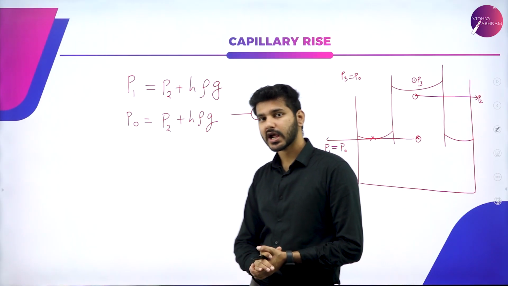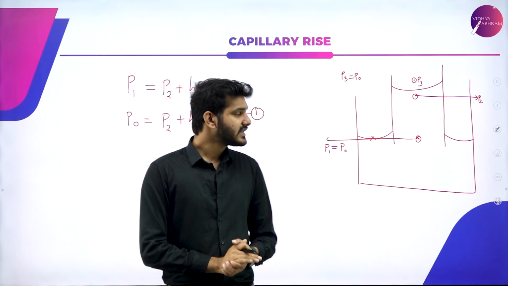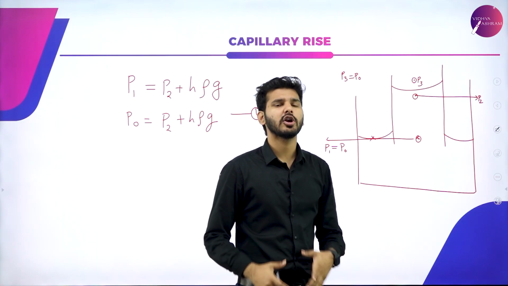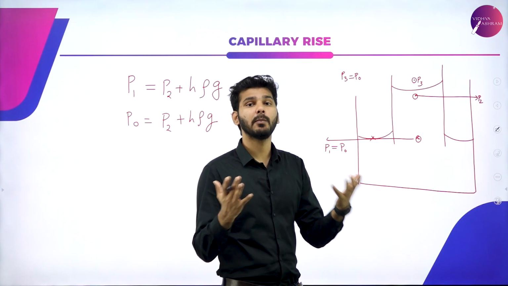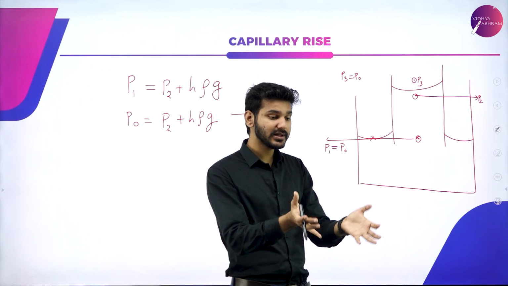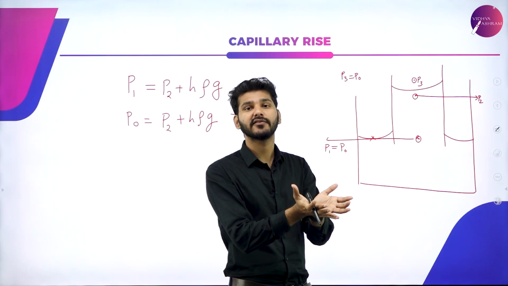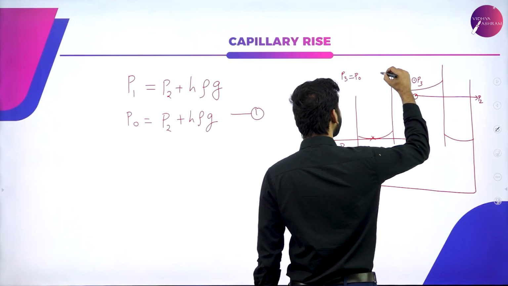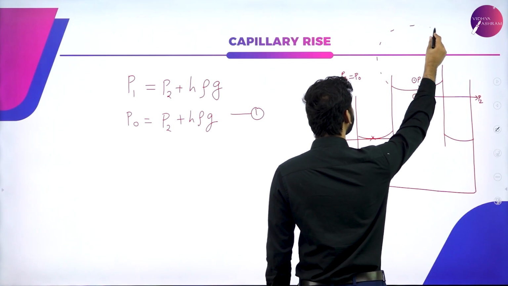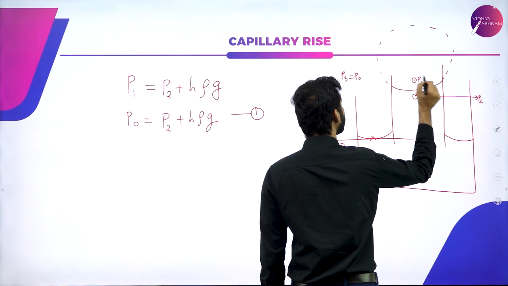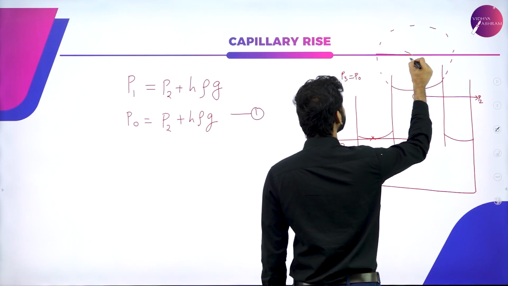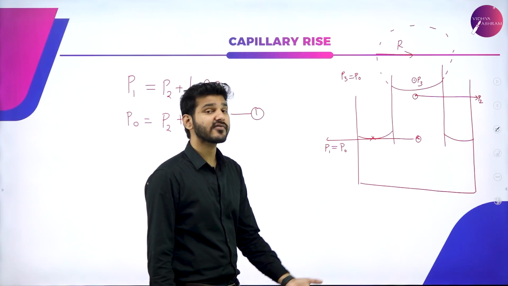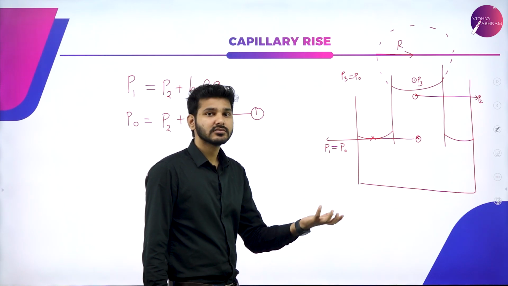Now, from here I am going to assume something. See this particular dip shape, it is almost resembling a bubble. Some big bubble is sitting on top of that fluid. So I am going to assume that this is like a bubble having a radius of r, sitting on top of that surface.